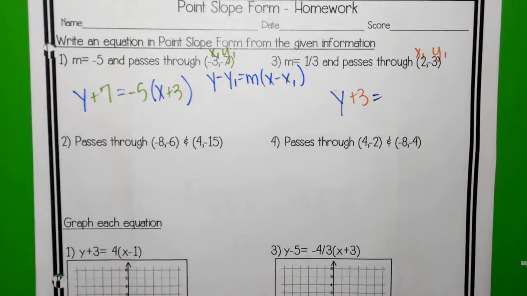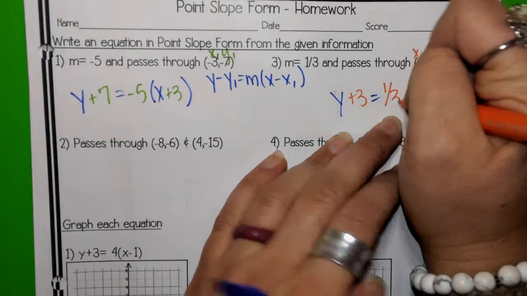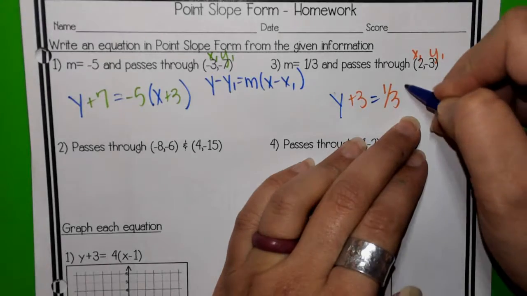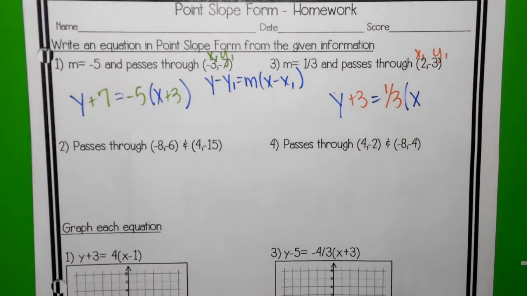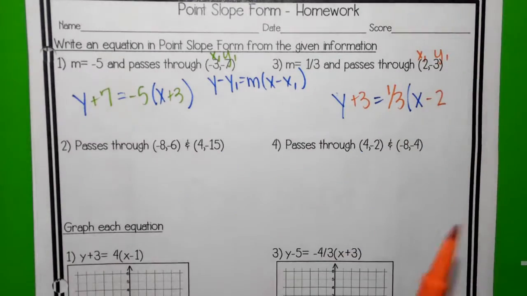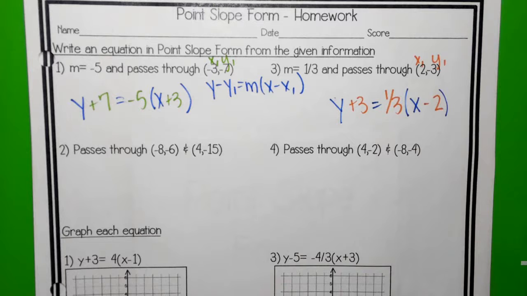All right, what would we write next? 1/3. Okay. Who thinks they can tell me what to do next? Carolina? Parentheses and then an x. All right, what would come next? Hannah? Minus 2. Why is it a minus 2 there? Because it's a positive, so you take the opposite.